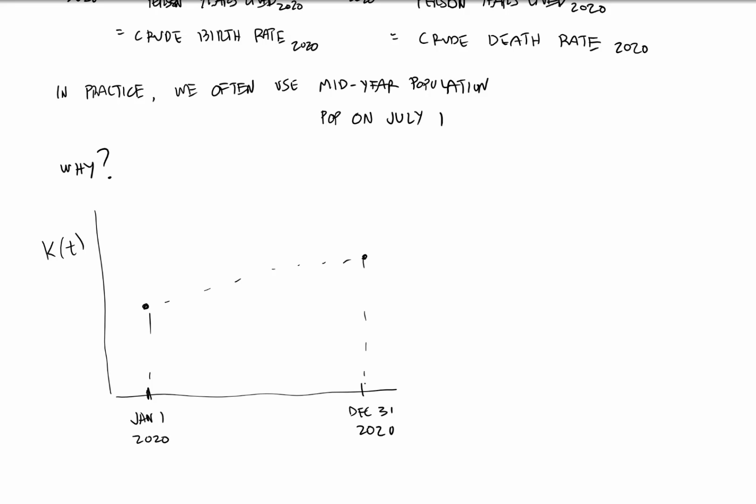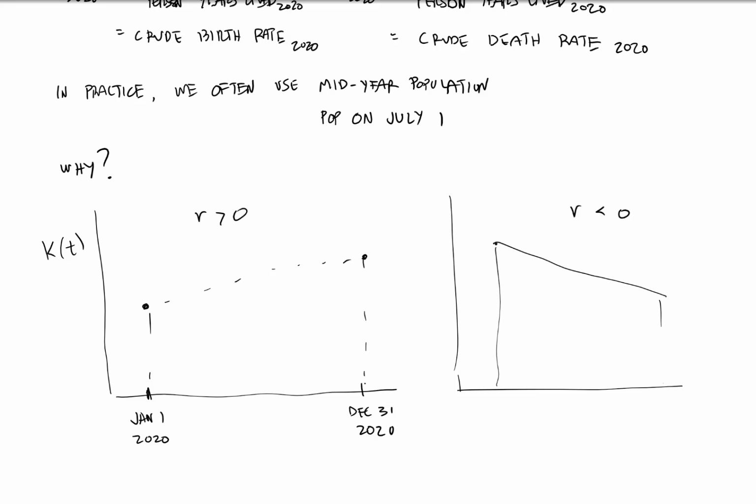If the population were decreasing, then it might look like that, okay? So here r is positive, here r is negative, this is 1/1/20, and this is 12/31/20.